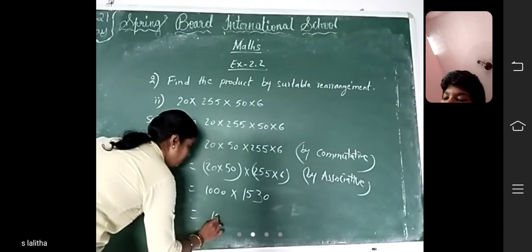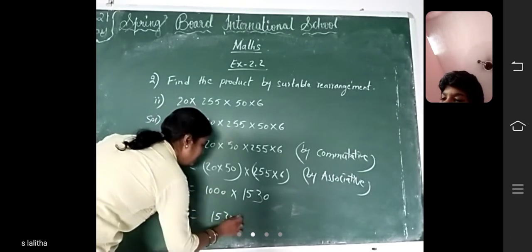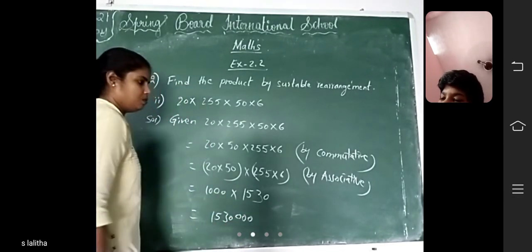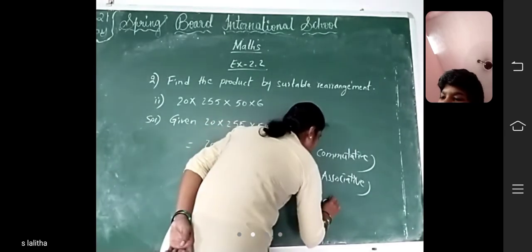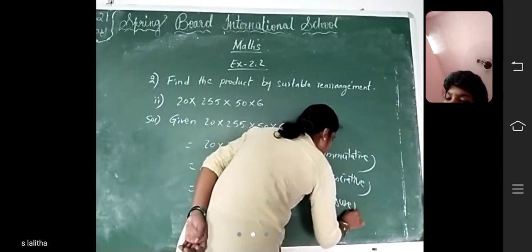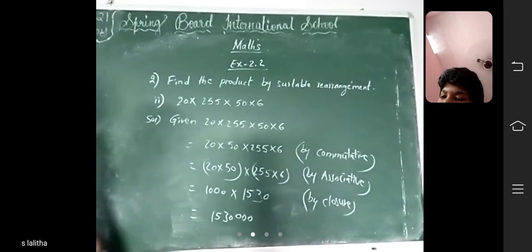So 1530. Here 3 zeros are there now. Put 3 zeros, by closure property. Okay. Come on.